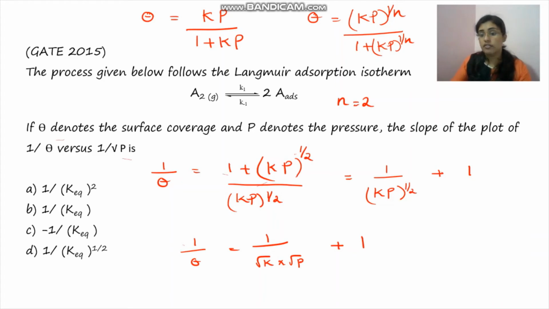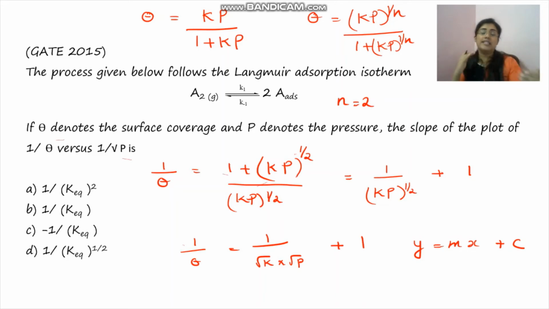So this is of the form y equal to mx plus c, where my y is 1 by theta and my x is 1 by root P, intercept c is 1 and my slope is 1 by root K or 1 by K raised to half. This is the equation that I get.